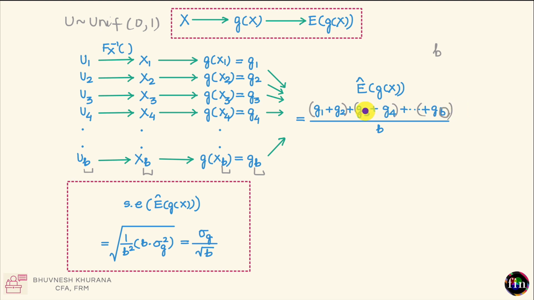Okay, we will try and introduce some kind of a negative dependence between g1 and g2, between g3 and g4, and so on. Therefore, in this world of antithetic variates, instead of working with b independent replications of g of x, we'll be working with b over 2 independent replications, wherein each replication happens as a pair.